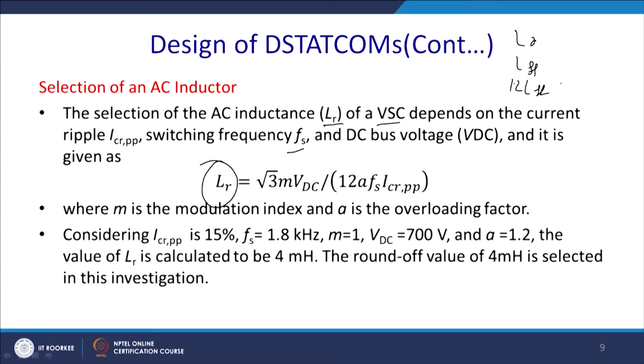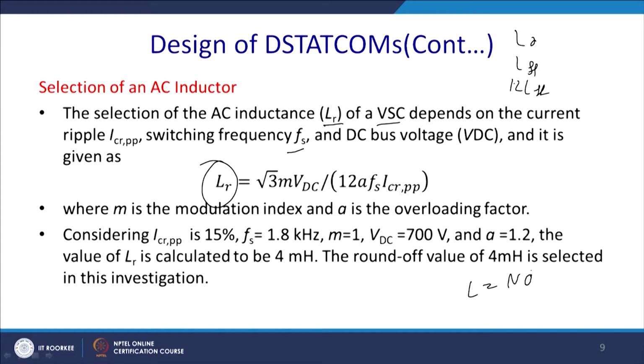Here it is considered to be 20% more than the full load value. In most cases we know that L equals N phi by I, and if the current increases, the value of the inductor decreases, and a different kind of material has to be chosen accordingly. So, the power electronics engineer has to be very competent to design the inductor while taking this loading factor into account.